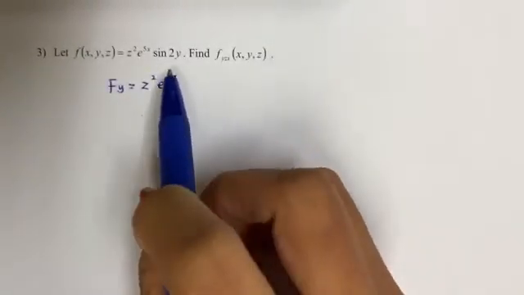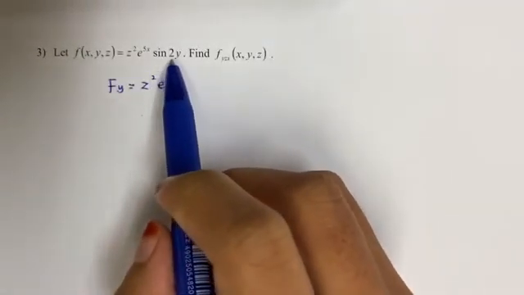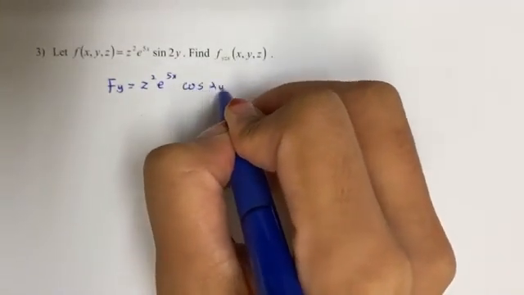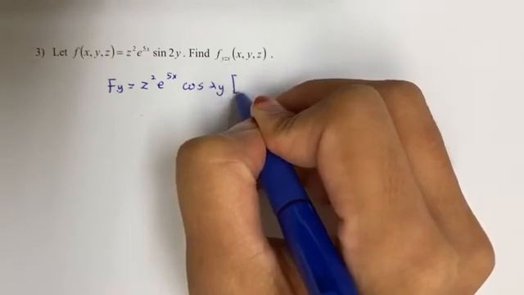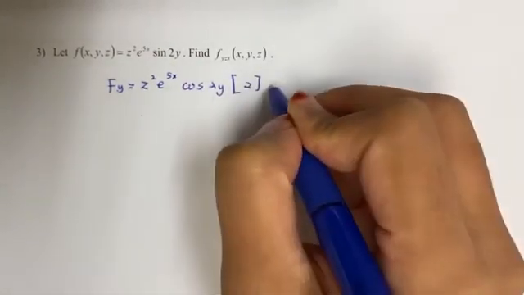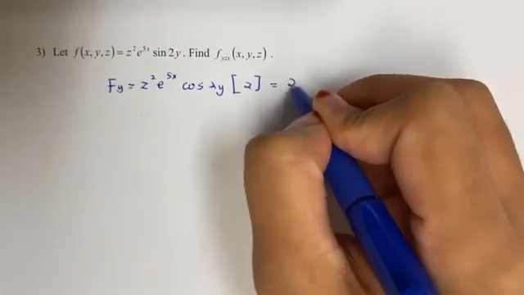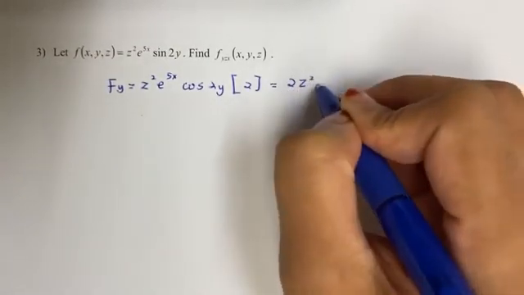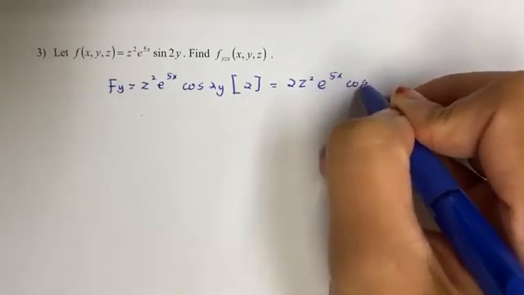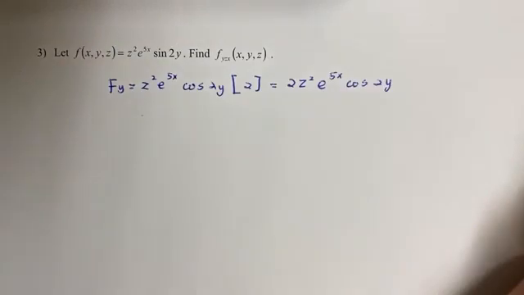Then differentiate y. So sin 2y, differentiate sin 2y becomes cos 2y multiplied by 2. Okay, so this is equal to 2z squared exponent 5x cos 2y.